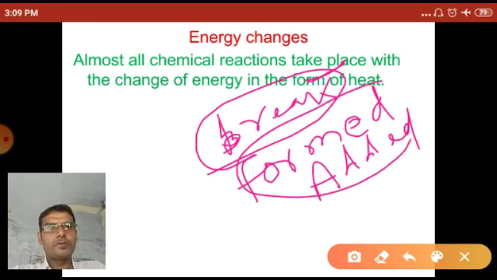During the formation of new bonds between the elements or atoms of a compound, some amount of energy is released. Then the chemical reaction takes place. So almost all chemical reactions take place with a change of energy in the form of heat. In some chemical reactions heat is absorbed and in some chemical reactions heat is released.